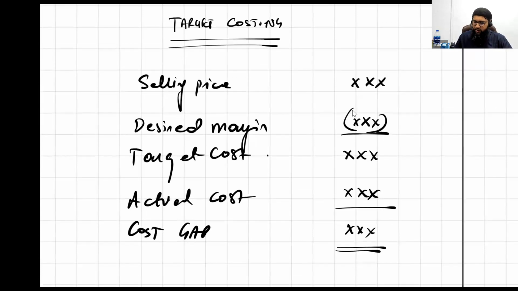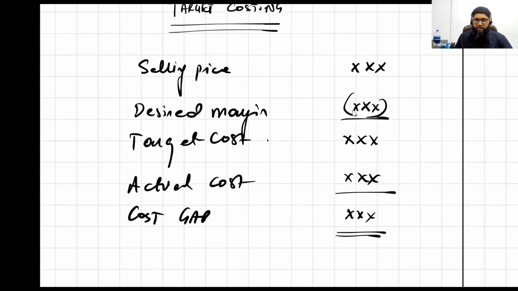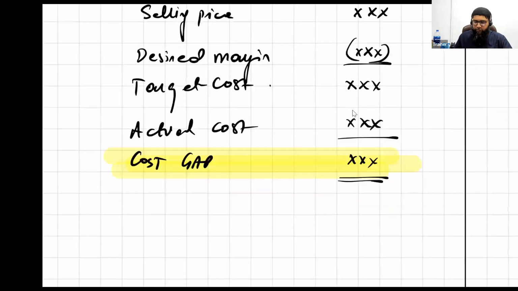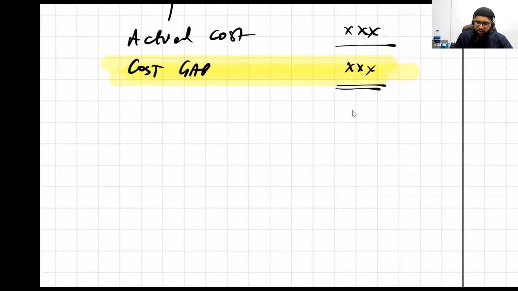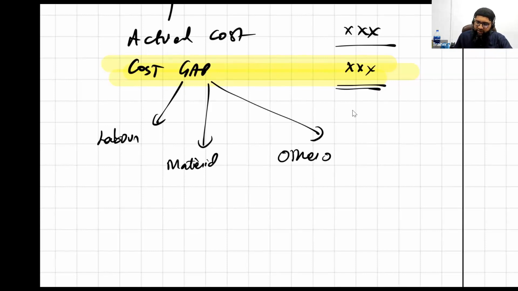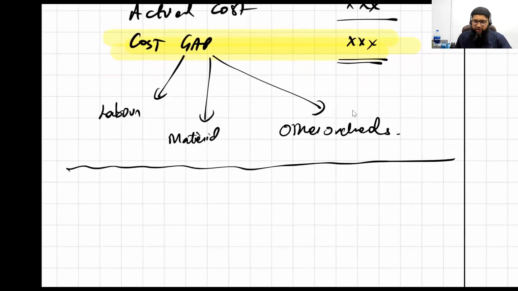Now, the cost gap is something that you have to close. I repeat, the cost gap is something that you have to close. What exactly do we mean by the cost gap to be closed? It means we would focus upon labor cost reduction, material cost reduction, and reduction of other overheads, etc. There are different approaches to reducing all this.